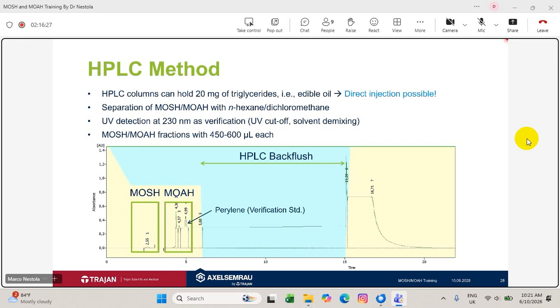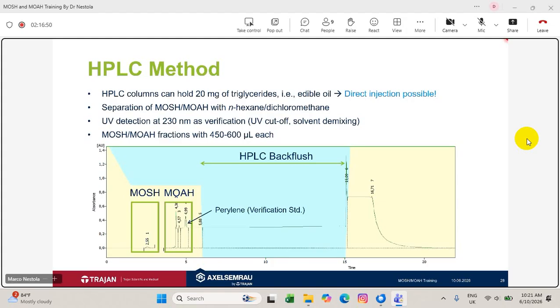After the separation of MOSH and MOAH, we are reversing the flow rate of the column for a backflush, because after every separation there is a backflush of the silica column with 100% dichloromethane. That's always the case from, I think, 6 minutes up to 15 minutes.